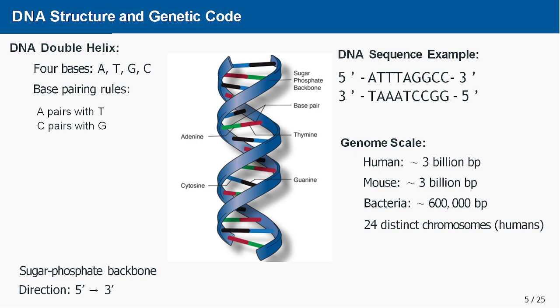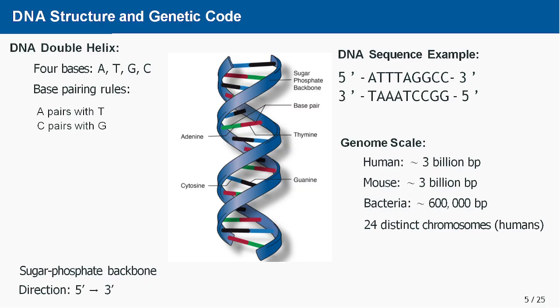Then, as we know previously, DNA structure and genetic code differ from person to person. This DNA double helix has 4 bases, and they form base pairs: A with T and C with G. This base pairing always follows A pairs with T and C pairs with G, and they are supported by a backbone of sugar phosphate in the direction of 5 to 3.